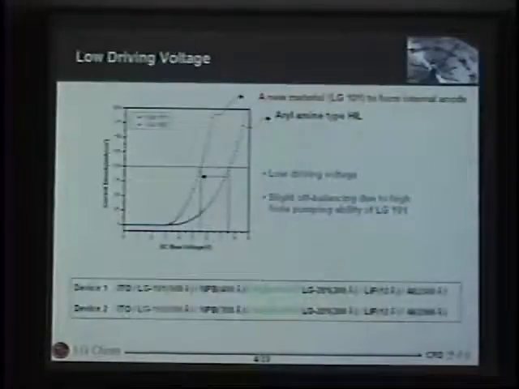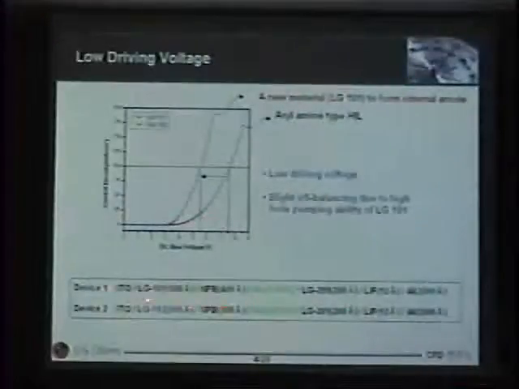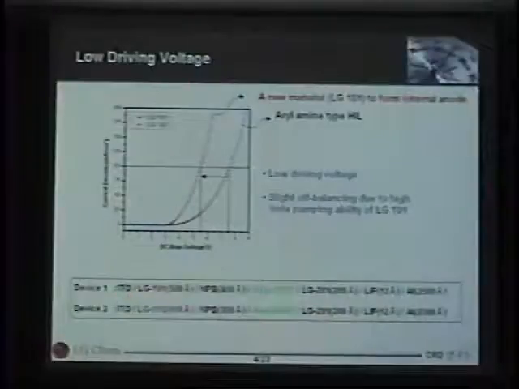So let me show one result with a device made with the new material. We call it LG101. It's a commercialized material. And this is the device structure. We use ITO as an anode and lithium fluoride and aluminum as a cathode.